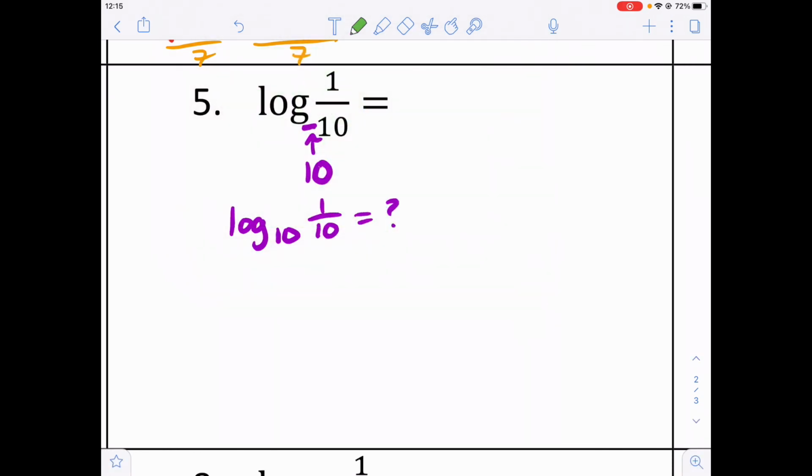Maybe some of you are starting to see what this number is going to be. We're asking 10 to what power gives us 1/10. And we want to get to the point where we just know that this is -1. 10 to the negative first power is going to make it 1/10.